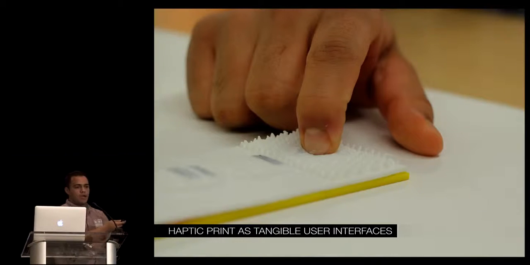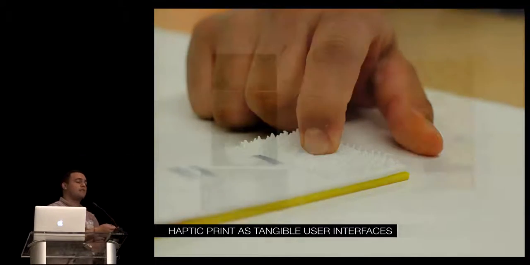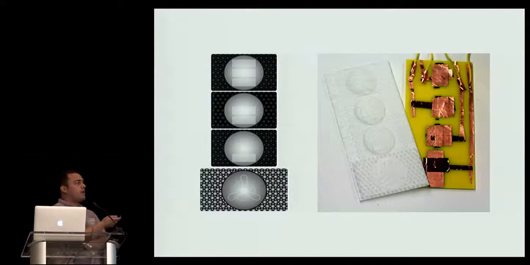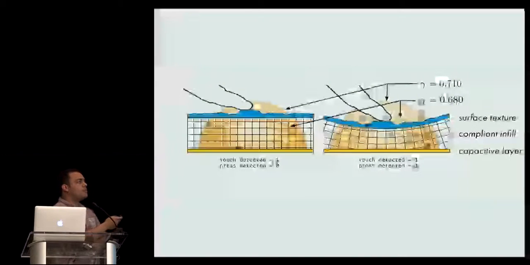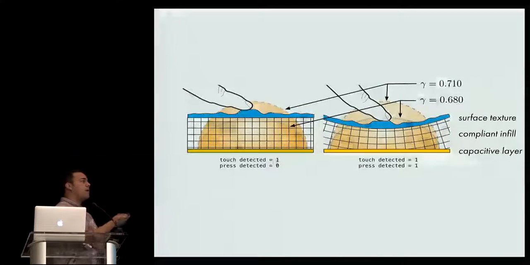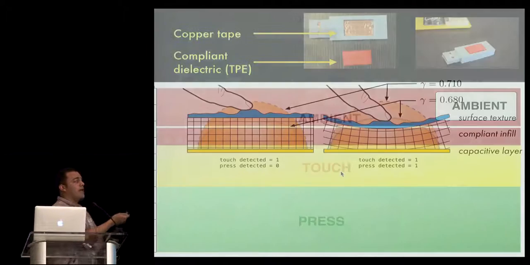Lastly, I wanted to share with you this vision of HapticPrint as aiding with tangible user interfaces. In this simple setup, the printed artifact is used as a dielectric in a traditional CapTouch sensor. What this allows us to do is use two different types of thresholds to detect two different types of event, both a press and a touch.